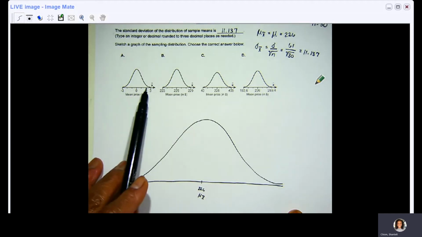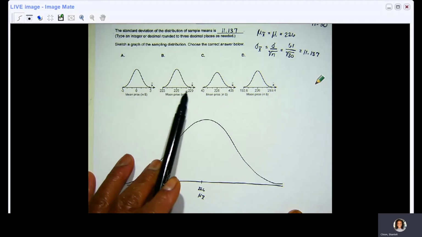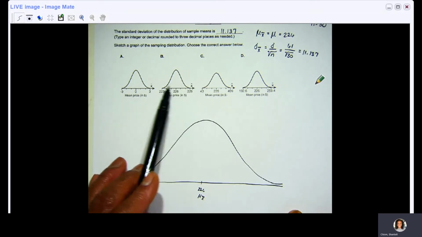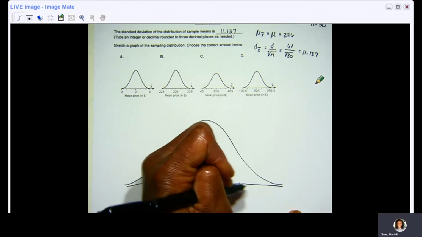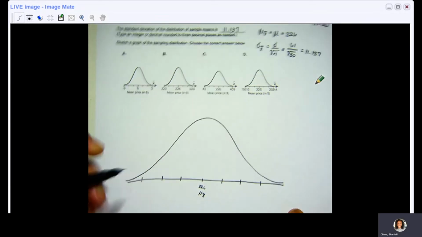Now notice the little dots or the little tick marks to the right and to the left of the mean on these drawings represent 3 deviations above and 3 below. So 1, 2, 3 above, 1, 2, 3 below. And so I'm going to do that on mine.